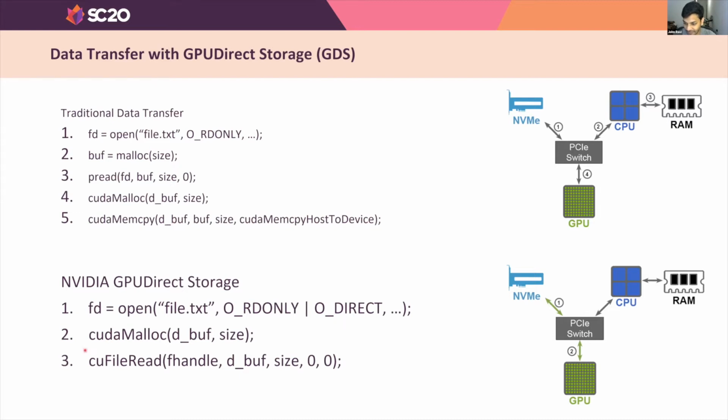You still have to allocate the GPU memory, and then you can use the GDS API to directly read the data from the file system directly to the GPU buffer. So in this case, we're eliminating the CPU bounce buffer. Essentially, we don't have to allocate any CPU memory to buffer the data before it goes to the GPU. So that's the main idea.